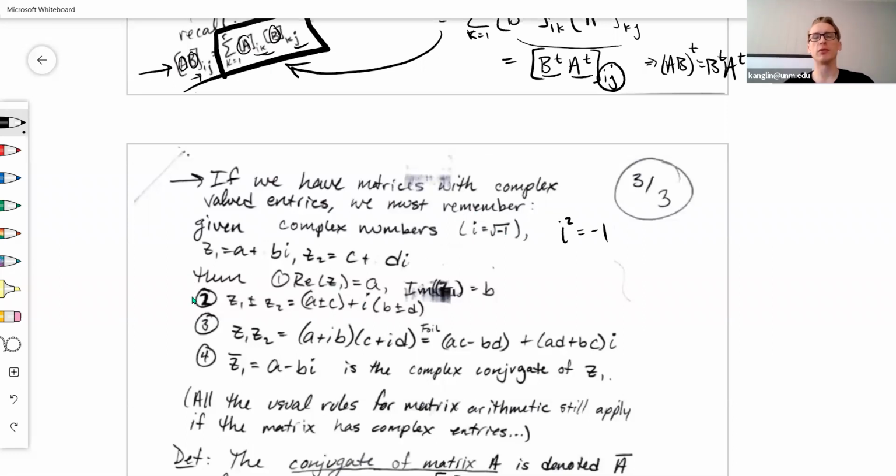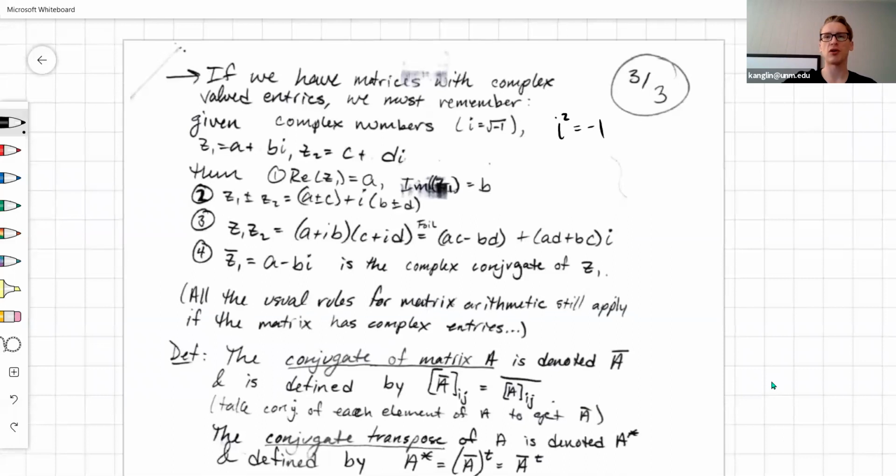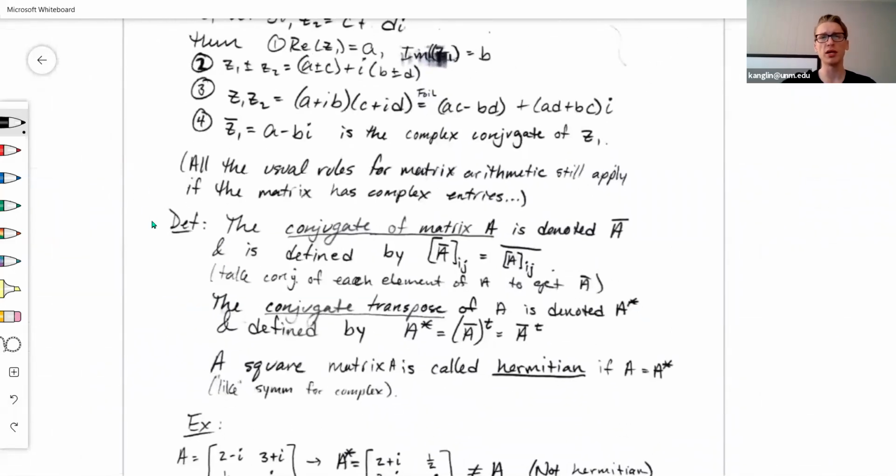So I've written down here a brief reminder of how the operations work on complex numbers with real parts a and b or c and d. This might be worth recapping if you don't remember or want a little refresher on complex stuff. We've already seen a little bit of that in a previous video, so I'm going to jump past that a little bit.